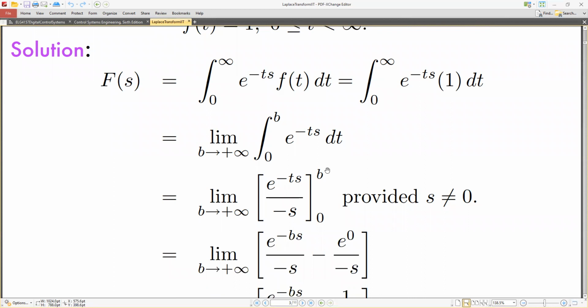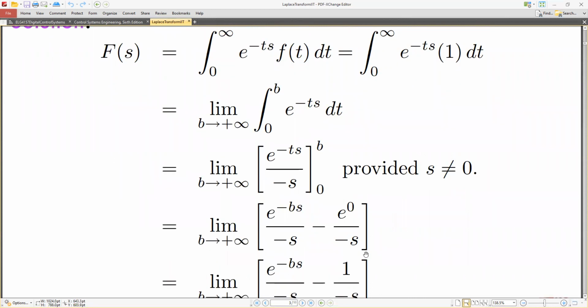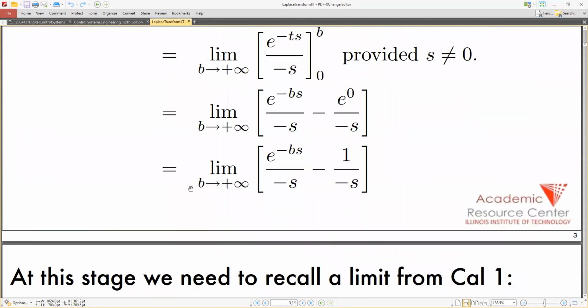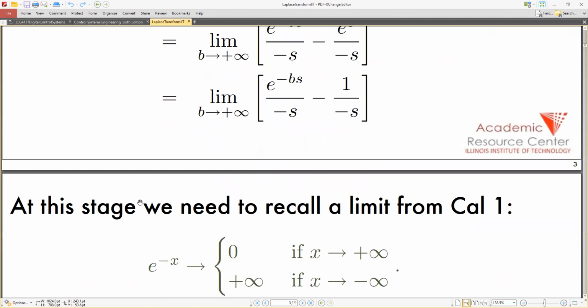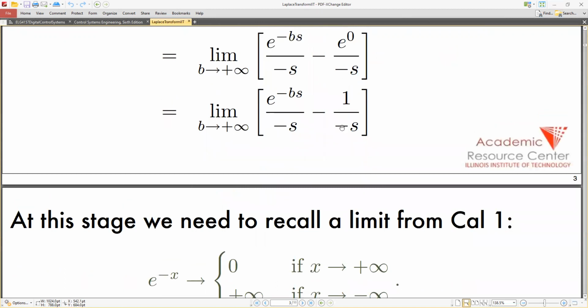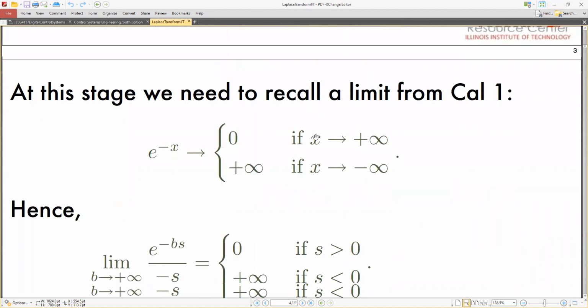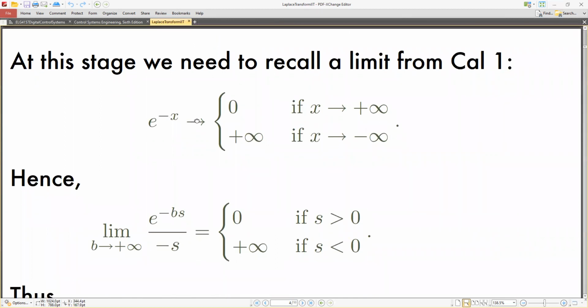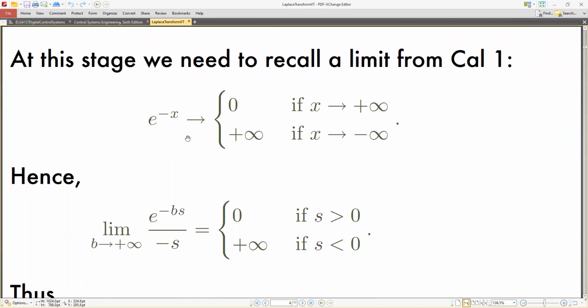Now do the calculation for the remaining part. Okay, like this. So at this stage, we need to recall a limit from Calculus 1.